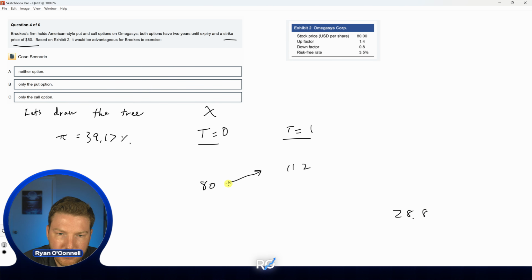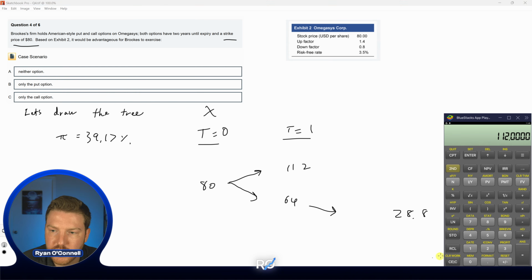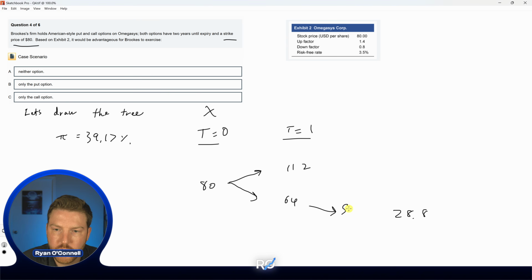It was if the price goes down twice, which I think was 64 the first time, and then it goes down again to 64 times 0.8. So it goes down to 51.2. So if it's 51.2, then the payoff after t equals 2 is going to be equal to that 28.8.